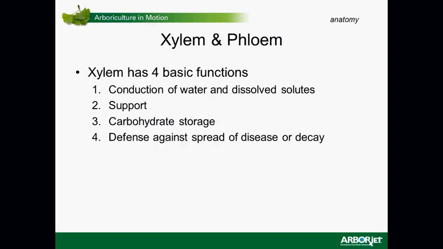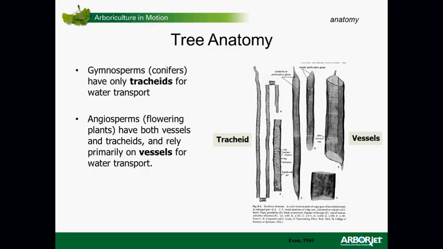So there are 4 basic functions of xylem or sapwood: the conduction of water and dissolved solutes, support, carbohydrate storage, and defense against spread of disease or decay. Gymnosperms, coniferous trees, rely solely on tracheids for water transport.